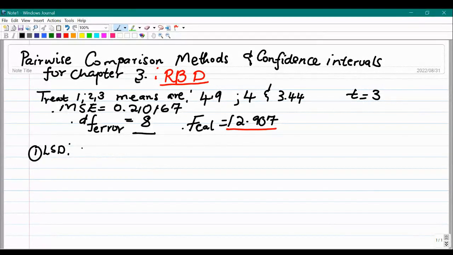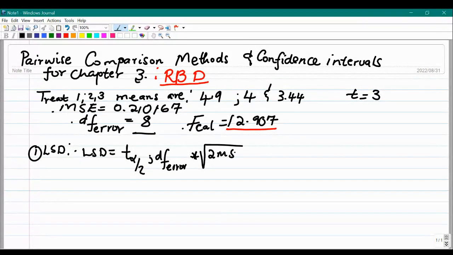The LSD method is given by t alpha over 2 with degrees of freedom of error, multiplied by the square root of 2 MSE over b.